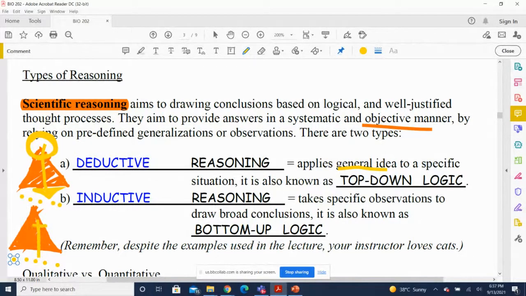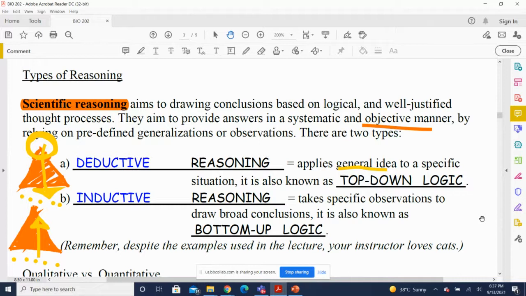If we look at this same diagram that I used as a model, in this case, we go from the bottom up. We're taking specific cases, which would represent this bottom level of this thinking process, and go to very general laws or a general way of looking at life.